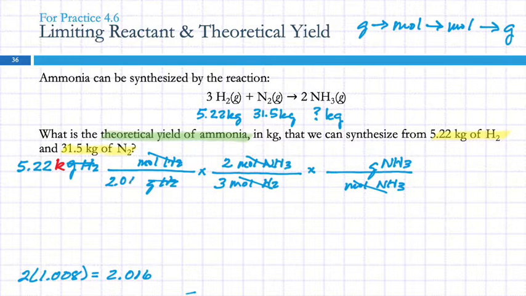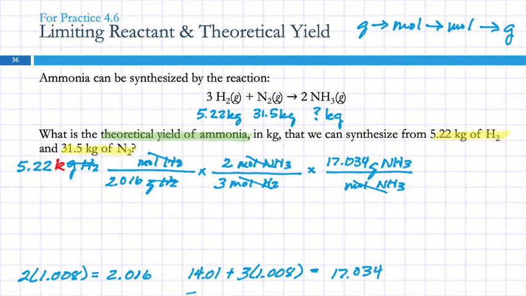So 2.016. And we need the molar mass of ammonia. And then we can calculate the answer.